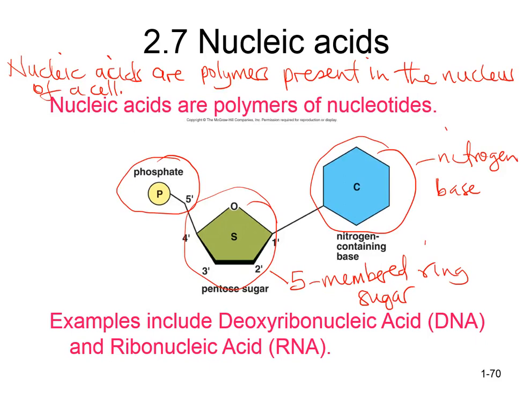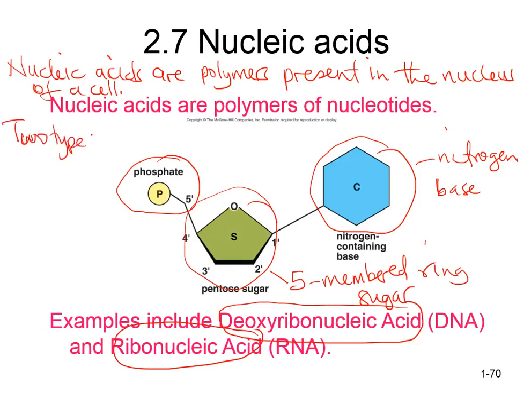So there are two types of nucleic acid. We have deoxyribonucleic acid, that is DNA, and then we have ribonucleic acid, that is RNA. So these are the two types of nucleic acids. We have DNA and RNA.